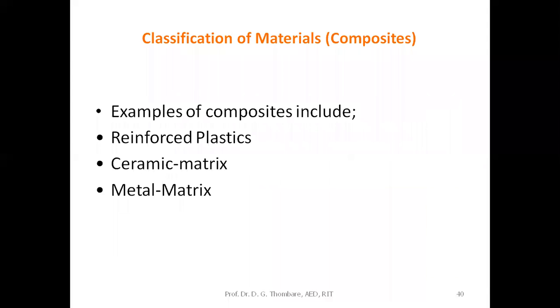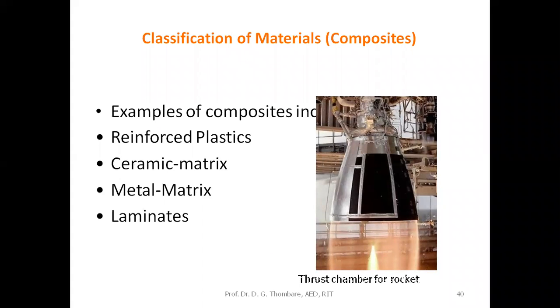So composite can be reinforced plastic, it can be ceramic, it can be metal composite, laminates. These are certain examples where two or three different materials are bonded together by a chemical or adhesive bond and a material is made up of composite.